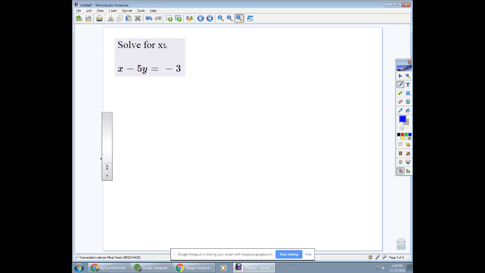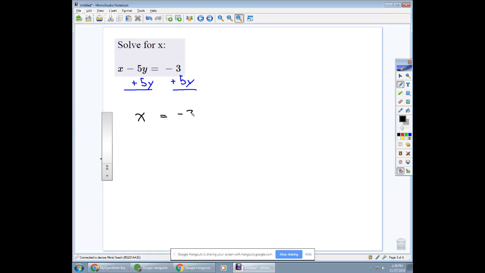Here we want to solve for x. Well, this is going to be a bit easier because there's just one x there. So to get rid of a subtraction, I'm going to add 5y to each side. So on the left, if I subtract 5y and then add it, that's a 0. x plus 0 is just x. On the other side, since the 3 doesn't have a y, they're not like terms.